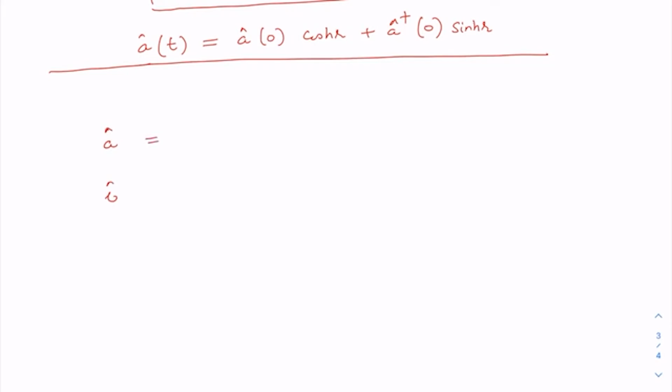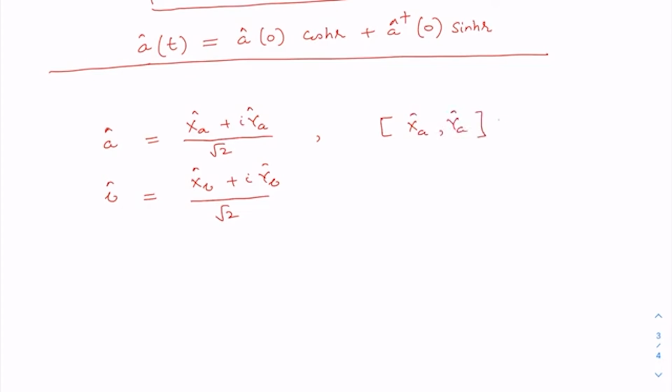We wrote A is equal to (xa plus i ya) divided by root 2, and the B operator we wrote as (xb plus i yb) divided by root 2, with the condition that xa, ya satisfy the commutation relation and xb, yb satisfy this commutation relation, so that ultimately [a, a dagger] is equal to 1 and [b, b dagger] is equal to 1.